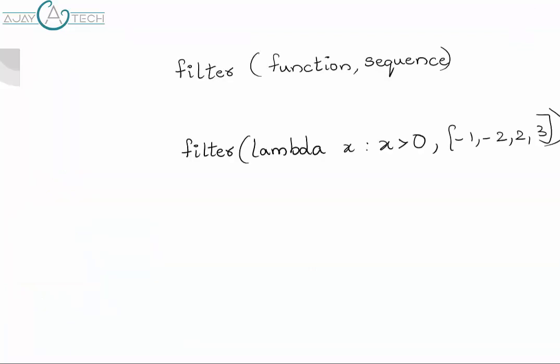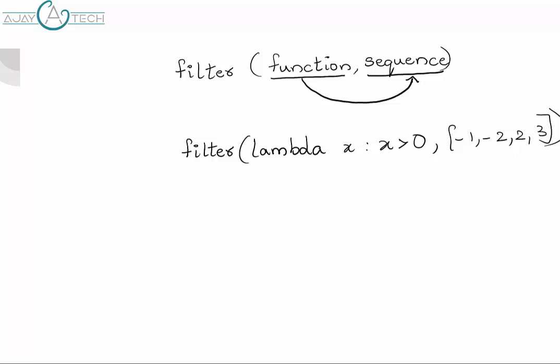Now let's talk about the filter function. The filter function takes in a function and a list as the arguments, and it applies this function on each of the elements in the list.